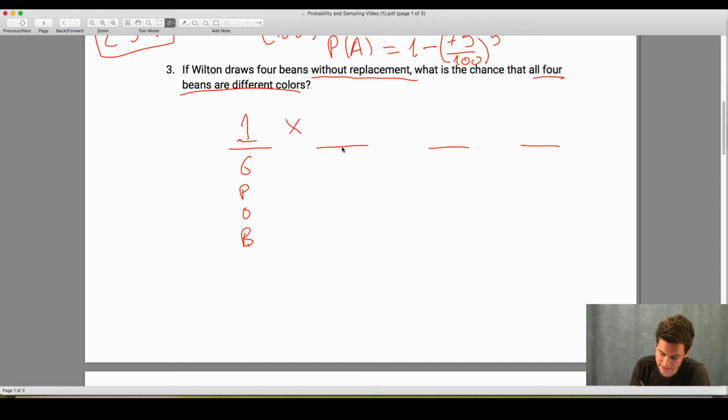So now for the second sample that I take from the jar, the situation is slightly different. The reason is that instead of having 100 beans, so here I'm going to track the total number of beans, the first trial I had 100, but now I know that I have sampled one bean, which means that I'm going to be left with a total of 99 beans.